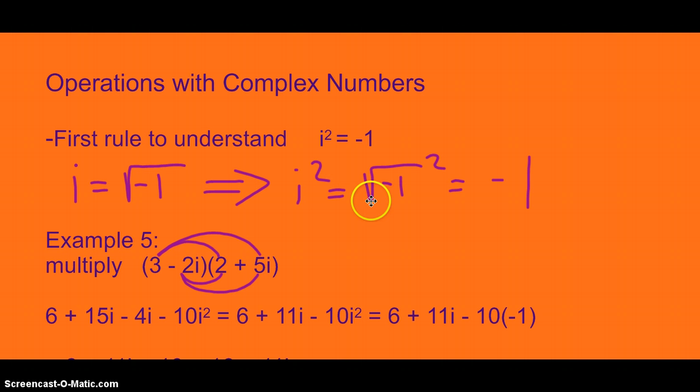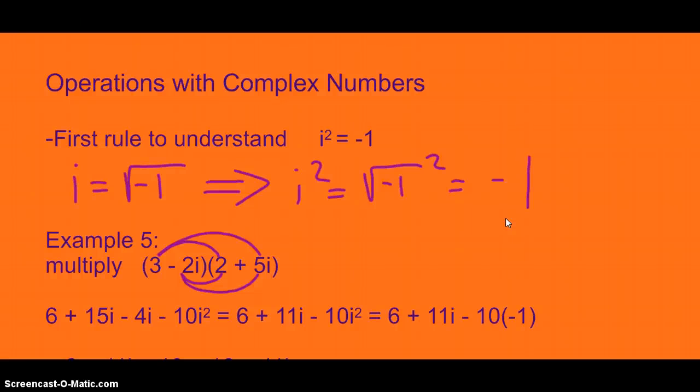So if you take i squared, you have the square root of -1 squared. Well, the square root and the square are opposites, so they cancel each other out, leaving you with just the answer of -1. So whenever we see an i squared, we're going to replace it with -1.